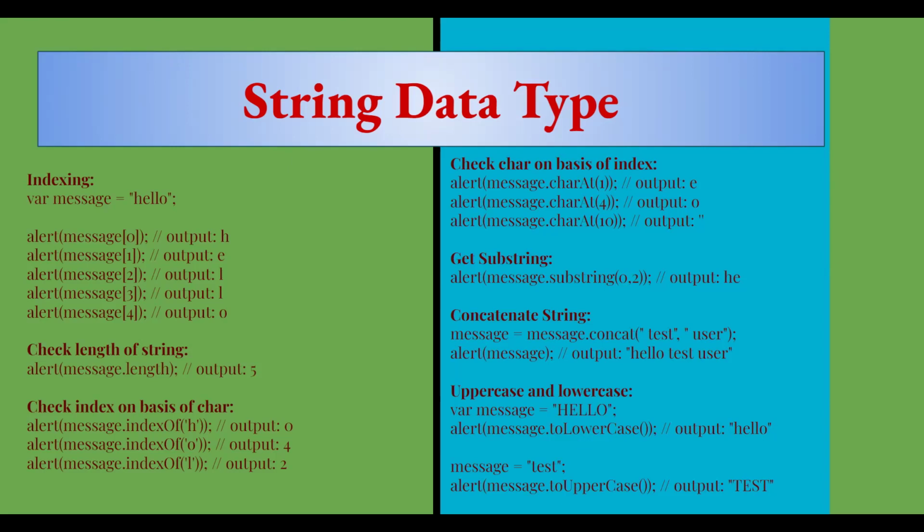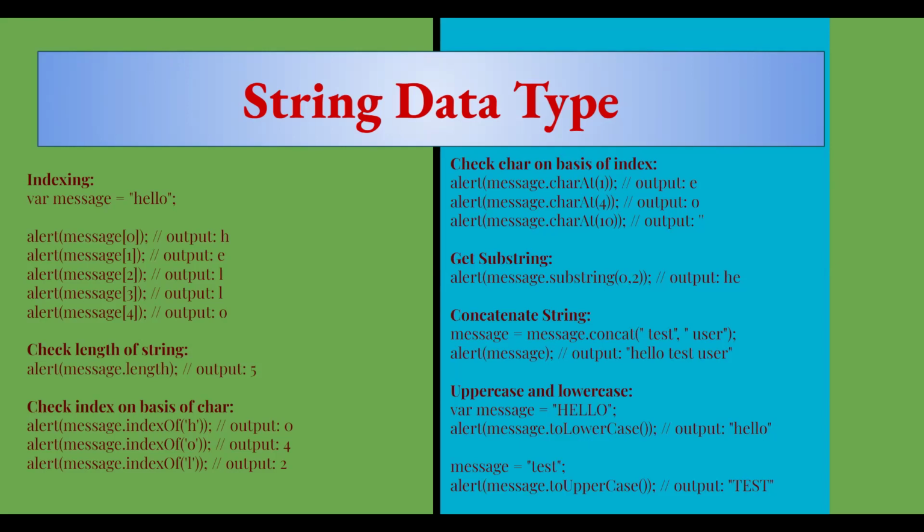Here you can see the value of index 0 of message, then index 1 value, index 2 value, and so on. You can check the length of that string using message.length. It will return the number of characters in the string, or we can say the total count of indexes.